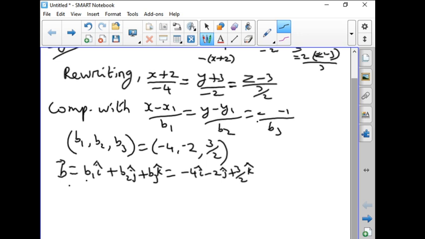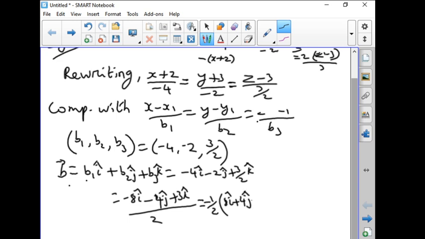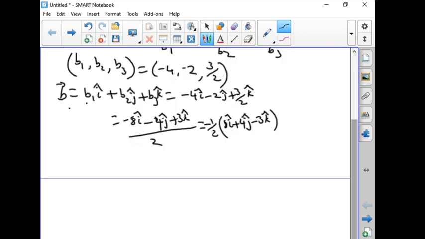So this can be written as (-8 i cap - 4 j cap + 3 k cap)/2. We can also write this, taking minus out, as -1/2 into (8 i cap + 4 j cap - 3 k cap). So this we take as the b vector.